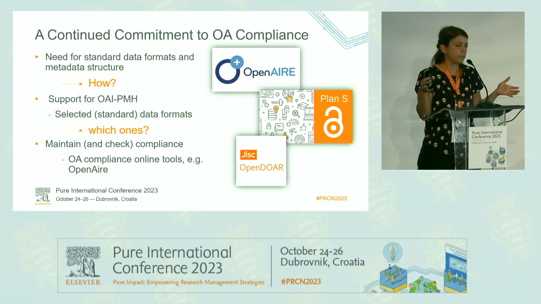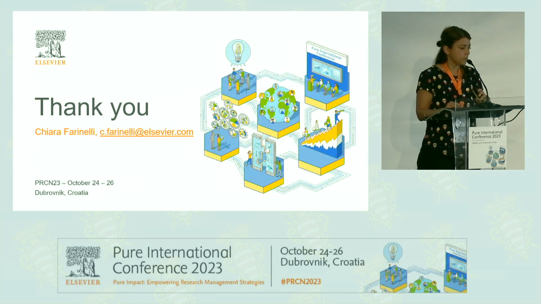Once we have selected the data formats that we will support, we want to implement automatic checks. So we want to have a process by which, if you export data from Pure and use CERIF, you don't have to worry about whether it is up to date. We want to have these probably yearly checkers that can check the XML or whatever we send to be sure that the data is correct and complete. And that is it. Thank you.